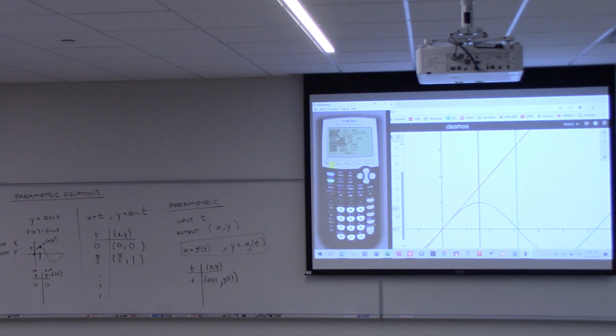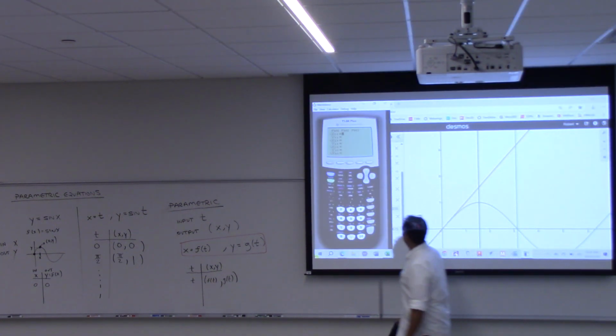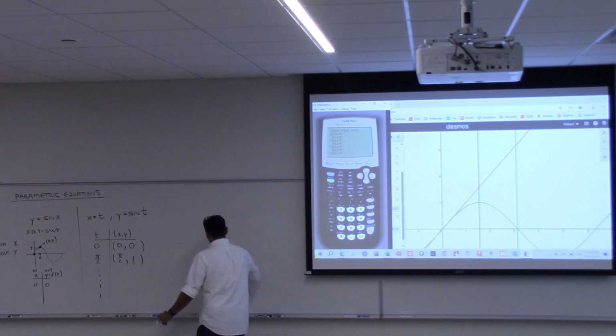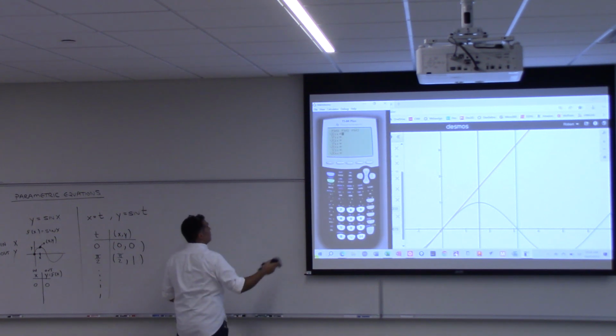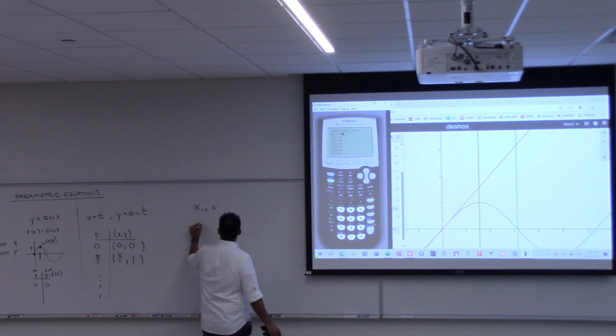Go to the y equals, like you're going to graph a function now. What you'll see when you get to this screen is, instead of a place to put in functions of x like we normally do, it says x1t equals, y1t equals, x2t, y2t.